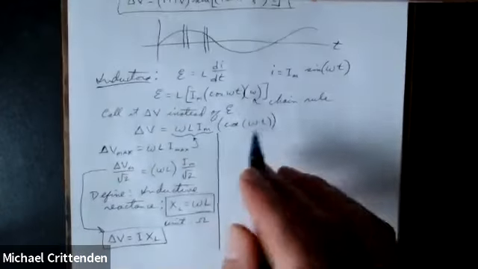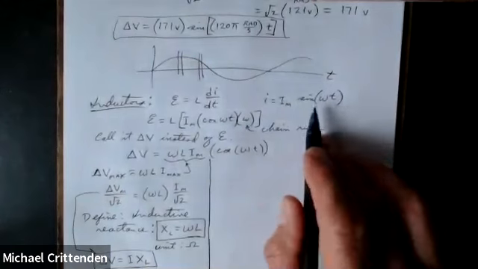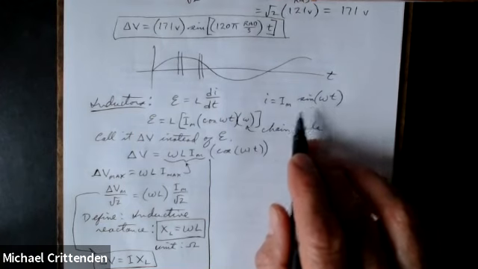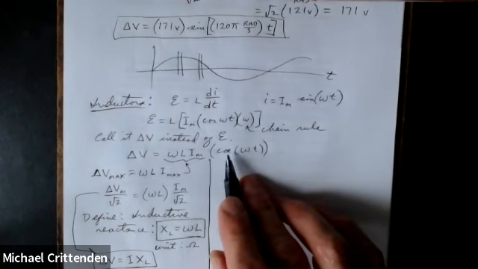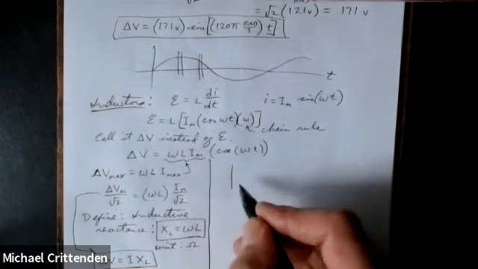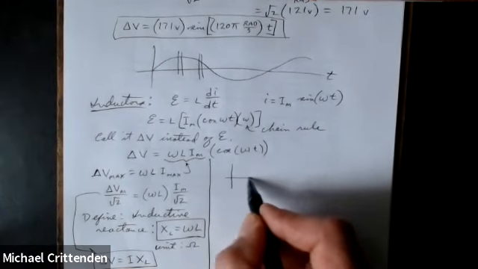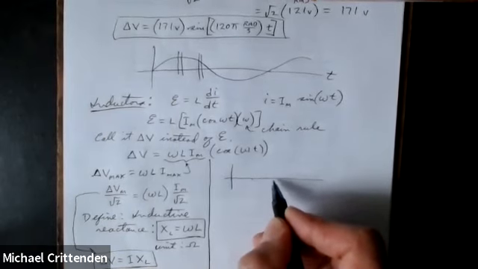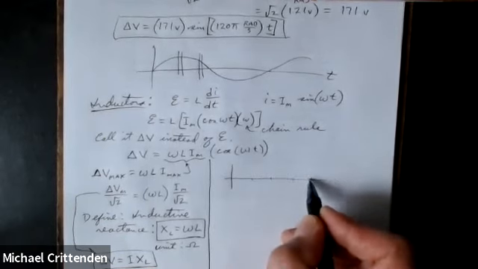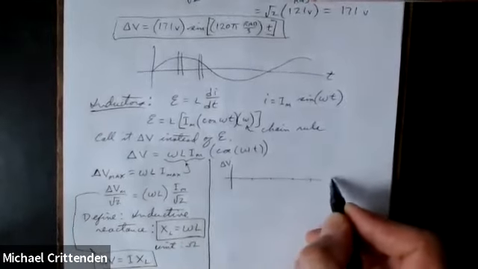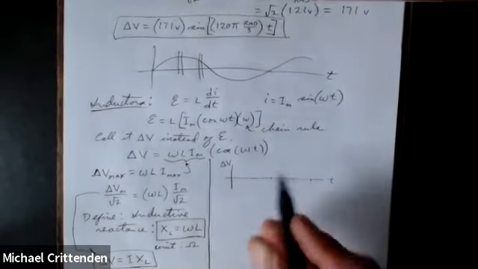As for the phase difference, well, the current is a sine. The voltage is a cosine. Let's draw some sketches to get a better look at that. But clearly there's a 90-degree phase difference here, sine compared to cosine. If I do the voltage as a function of time, that's a cosine.